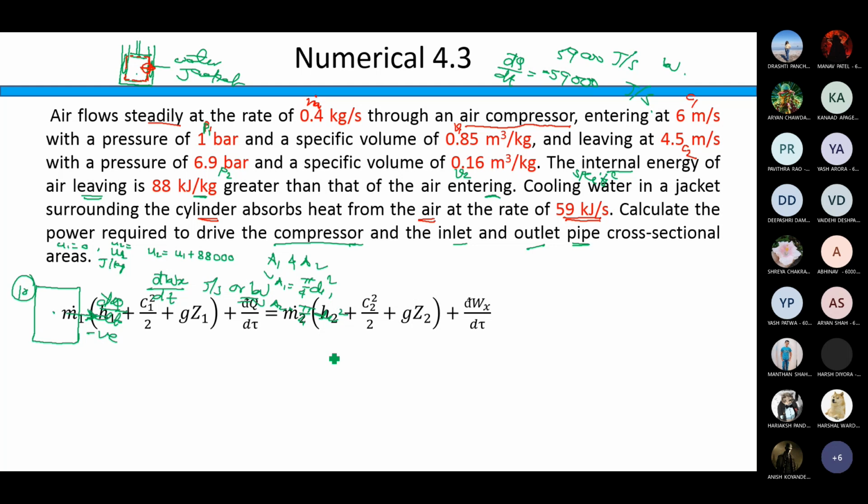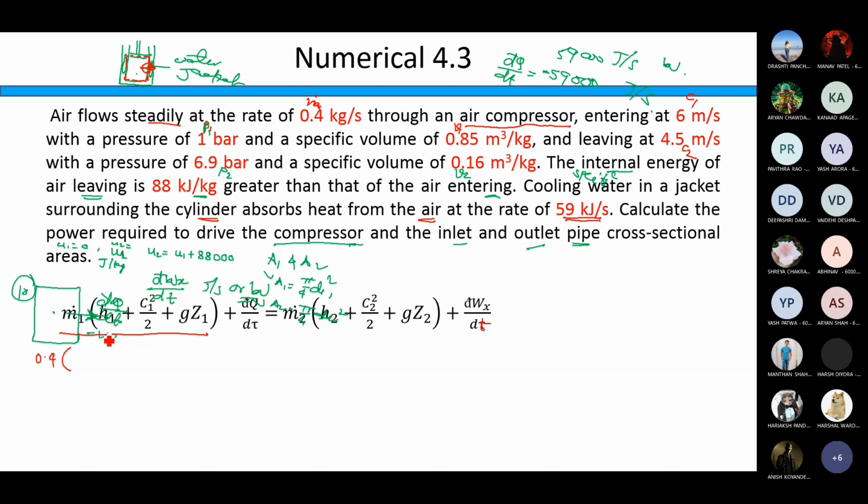Now, can you solve it on your own? Or shall I write the values on the screen? You tell me. Okay, fine. But you have to help me while writing the values. So this term we'll write first. M dot one is 0.4, right?